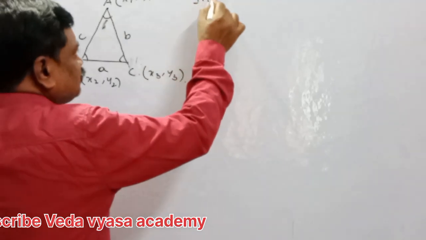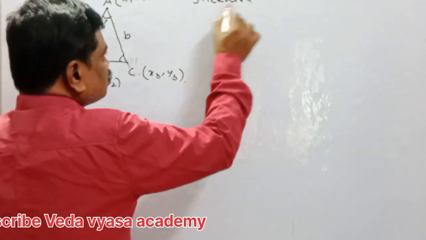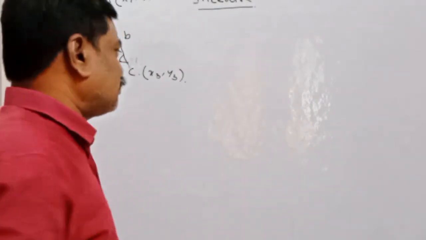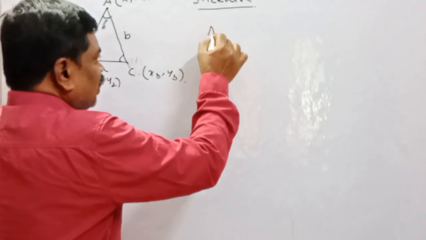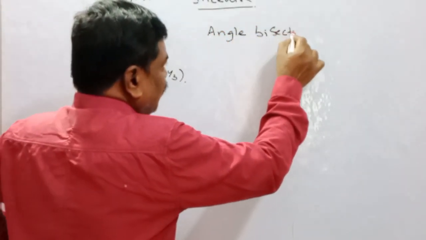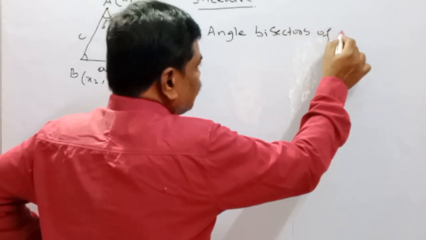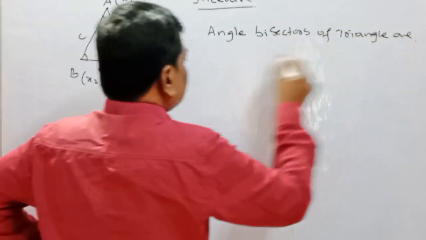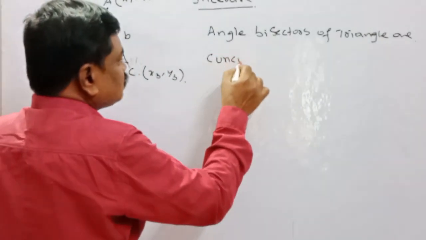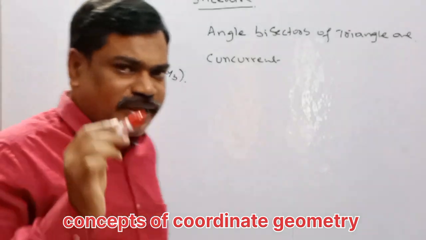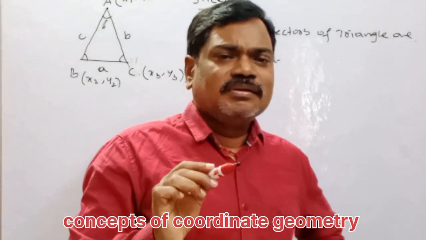Incenter. How to calculate the incenter? What is the incenter? Incenter means the angle bisectors of a triangle are concurrent.